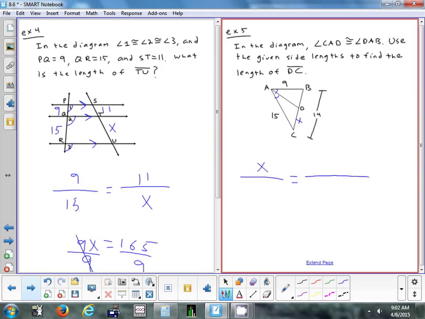Now, what's DB? I want you to think about it in terms of X and the 14. So I have x, 14 what? Well, 14 plus x. So think about, let's say the x was 2. What would you do with 2 and 14 to find the other one?